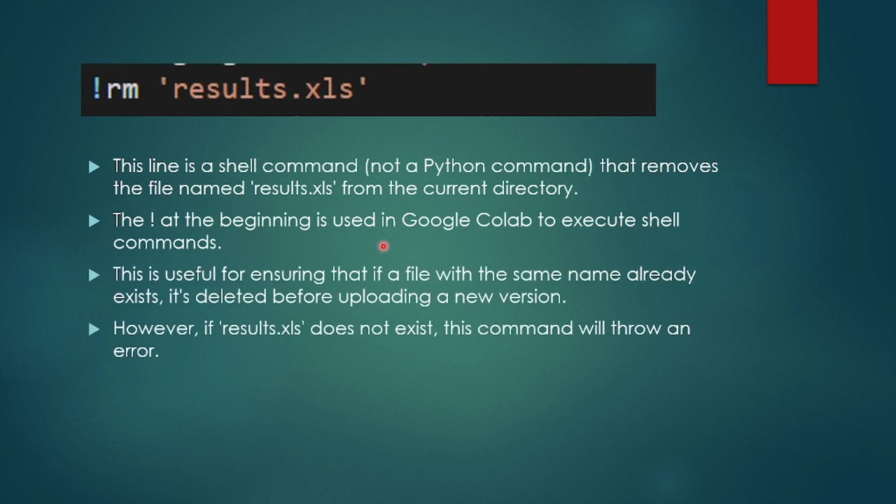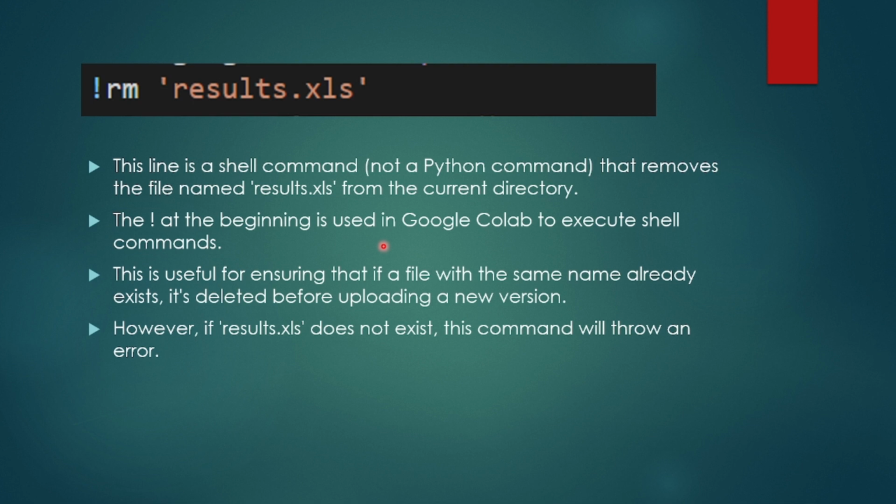This second line is basically a shell command, so it's not a Python command. It removes the file named, for example, results.xls from the current directory. This is very useful if you're working with a file and you have the file with the same name on your local machine, which you modify.